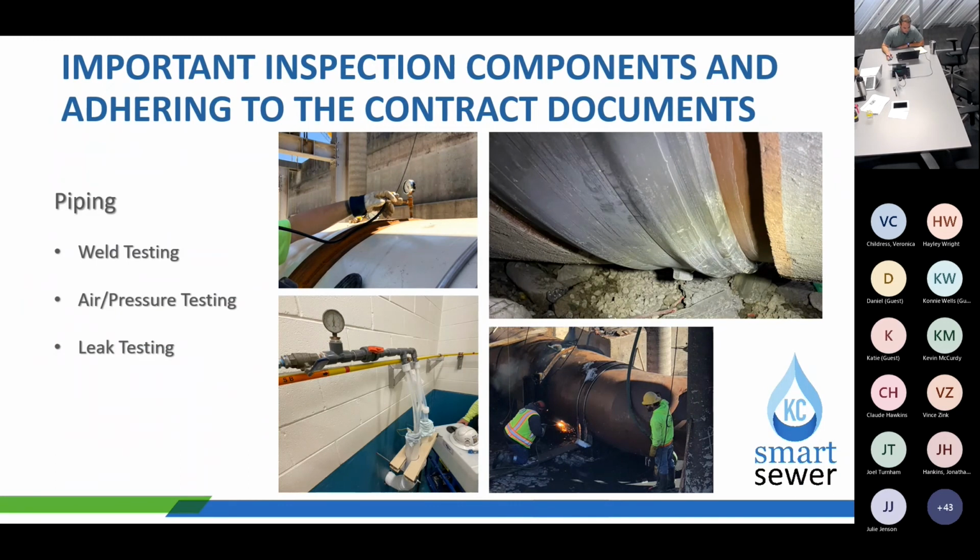Piping testing on some of these facilities jobs can vary quite a bit depending on what the pipe's carrying, the type of piping material that's there, what specs are going to require for different things, whether it be process piping, drainage piping, chemical feed piping, things like that can all have a say in how these things work. Sometimes these piping requirements are spread out all over the specs in Division 2, Division 15, all over the place. But some of the common ones that we see, well testing can be done.